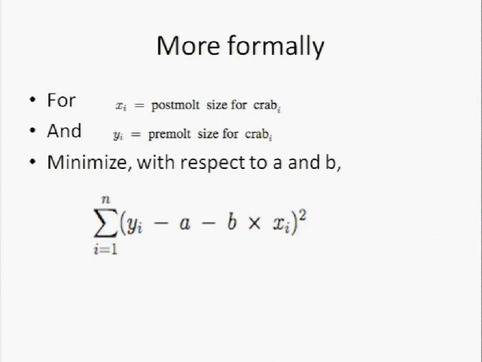A is the intercept of the line equation, and B is the slope. So when you write A plus BX, that's your line equation. The reason why you see those minuses is because we're taking y minus the predicted value. So that is in more formal language.